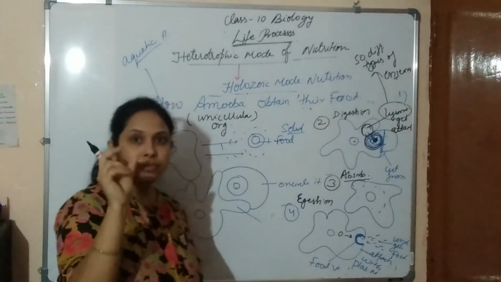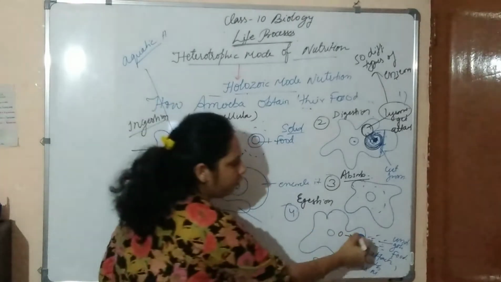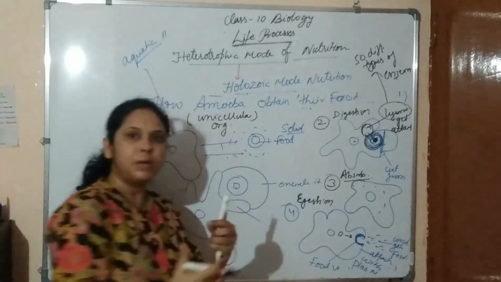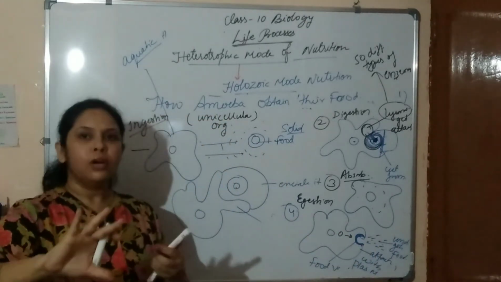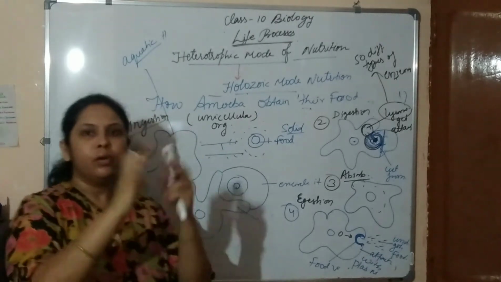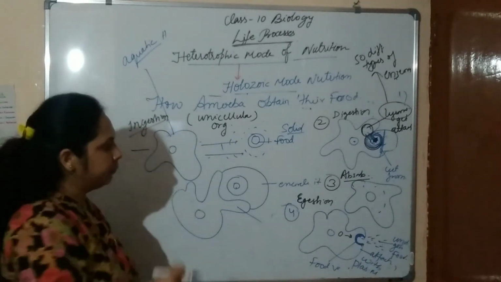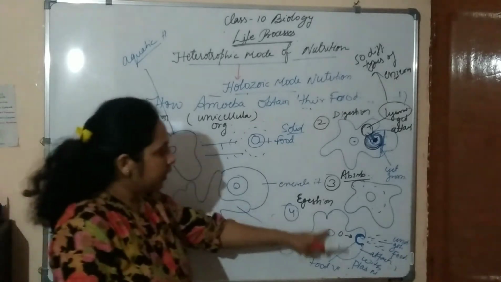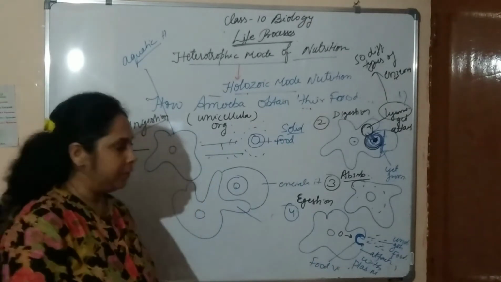After the removal of the undigested food, the food vacuole becomes part of the plasma membrane. In this way, the egestion process happens.